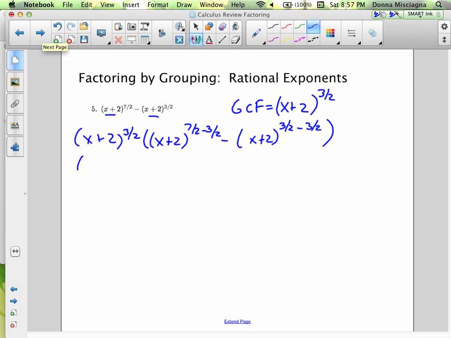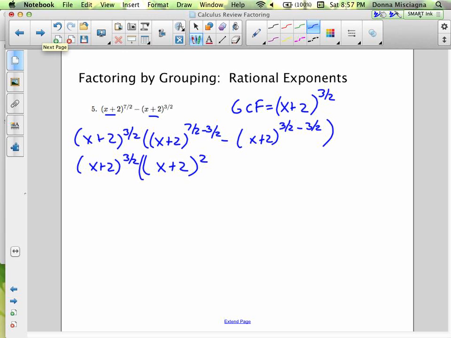All right, so that's x plus 2 to the 3 halves power. 7 halves minus 3 halves is 4 halves, which is 2. So that's going to be x plus 2 squared. Oops, parentheses, right, because they're times, right, are what we factored out.